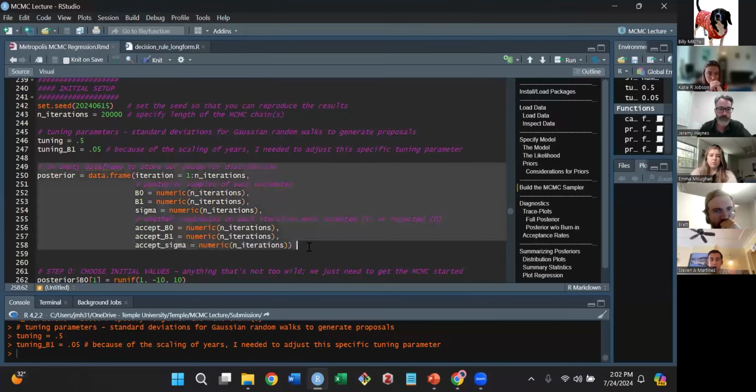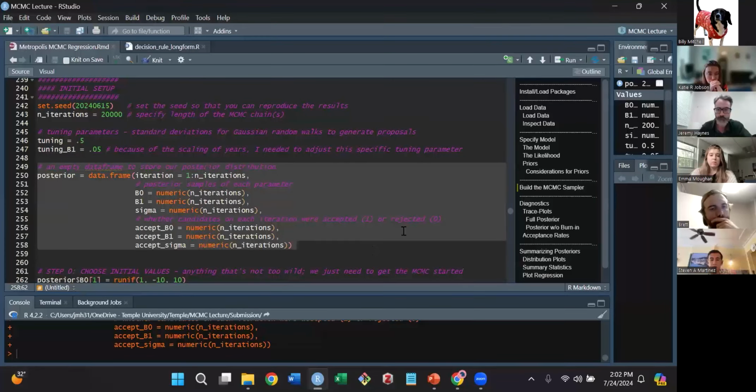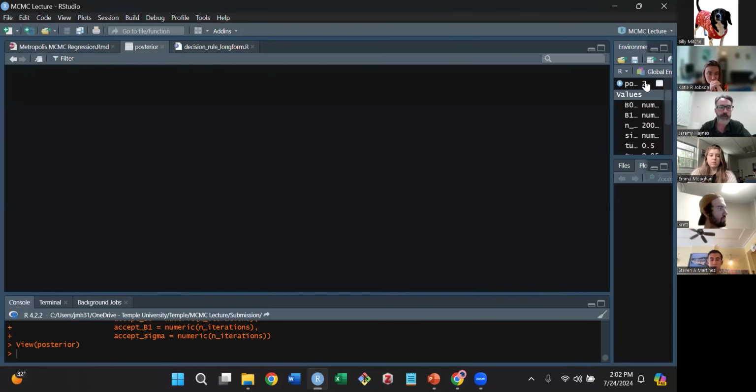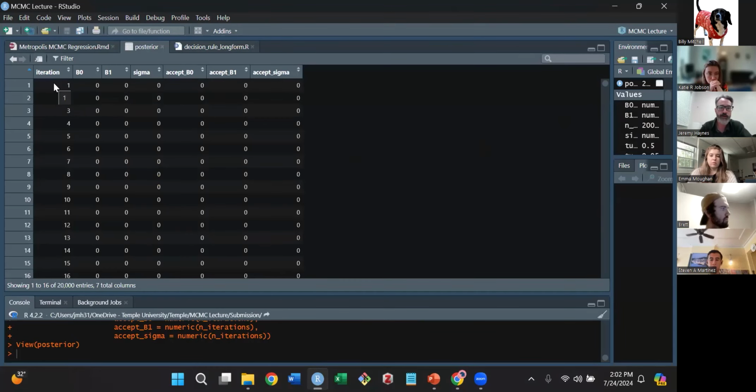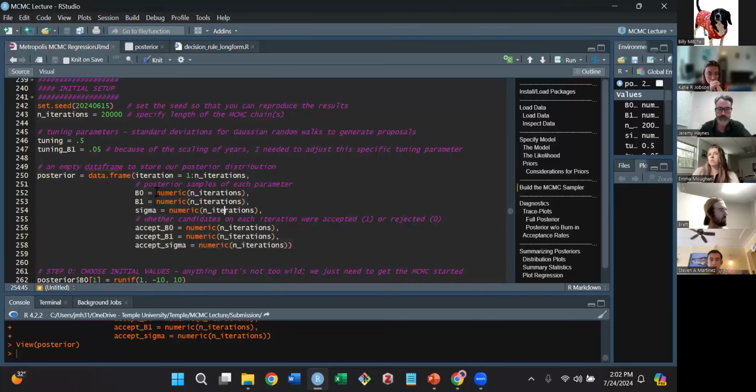Here I am creating an empty data frame to store our posterior distribution. We're going to have 7 columns. So we have our iterations, 1 through 20,000. This line of code just says create a vector of this length, and it's going to be numeric.